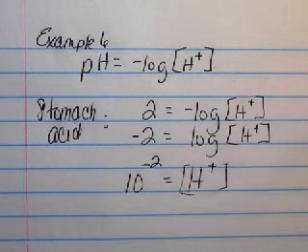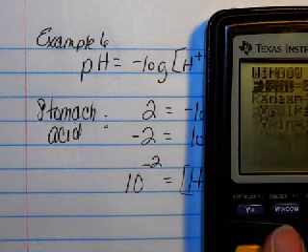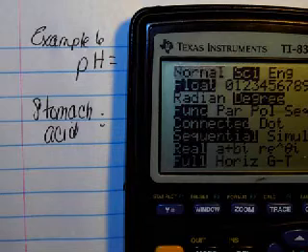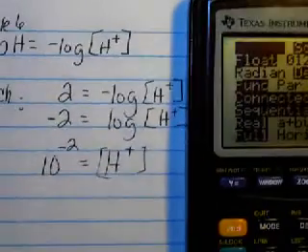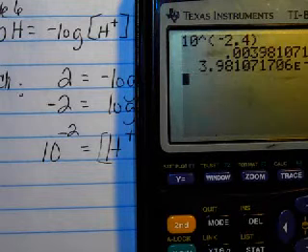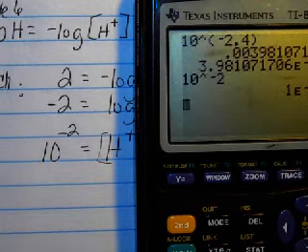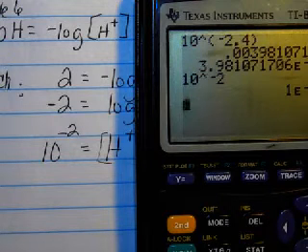Well, put it in your calculator. If you'll set your mode to scientific, then all you have to do is put in your calculator 10 to the negative 2, and it gives you 1 E negative 2. So what is that?